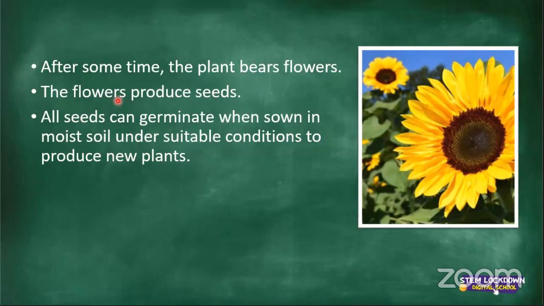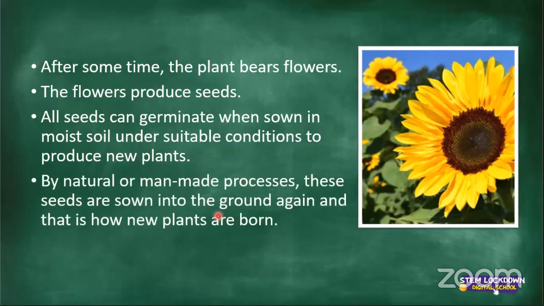Right. Let's look at the next step. By natural or man-made processes, these seeds are sown into the ground again, and that is how new plants are born. Okay, so natural processes, the plant grows, and these seeds are blown all over, and they fall in the ground somewhere, and they meet all the conditions, moist soil and sunlight and water and air, then it will start to germinate.